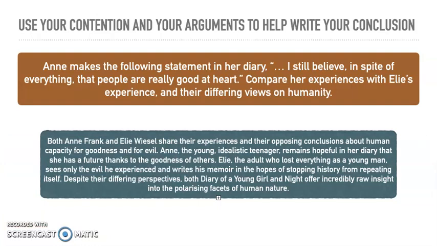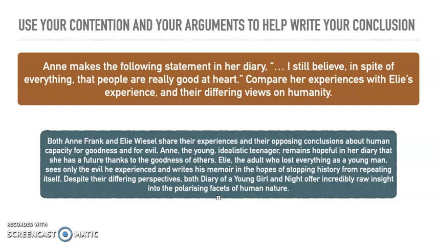So this is the conclusion that I've come up with from my introduction, my response to the essay topic, and the arguments that I've created, and this is how I want to summarize my final conclusion, so my essay. Both Anne Frank and Ellie Wiesel share their experiences and their opposing conclusions about human capacity for goodness and for evil.